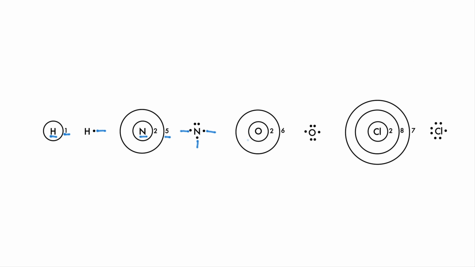Oxygen is in group 6 and has 6 valence electrons. These occur as 2 lone pairs and 2 unpaired electrons, which can make 2 bonds. Chlorine is in group 7 and has 7 valence electrons. It has only 1 unpaired electron, which can make 1 bond. It's important to know these patterns.